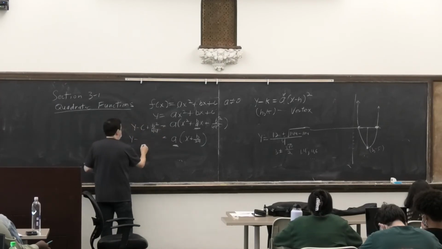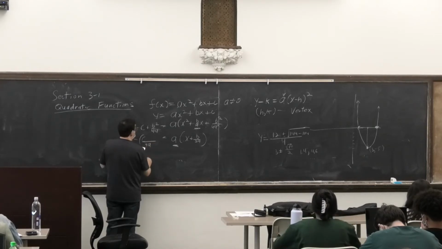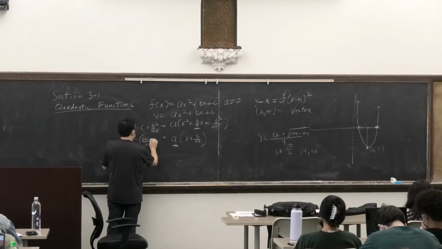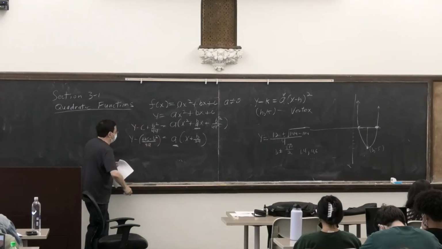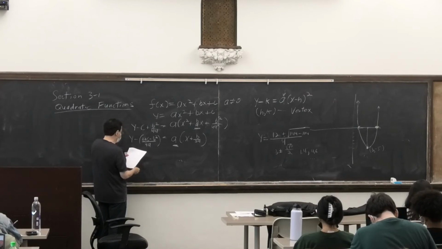Okay, so now if I write this as 4ac minus b squared. This should look like the negative determinant over 4a.